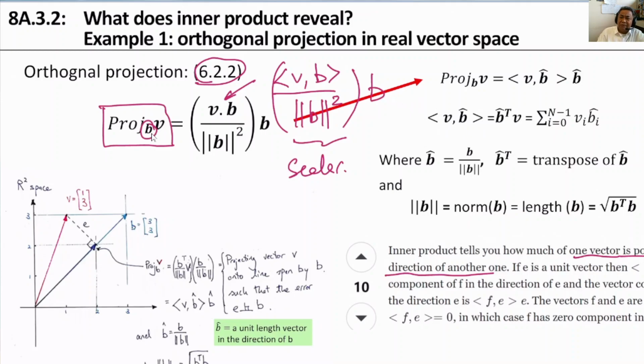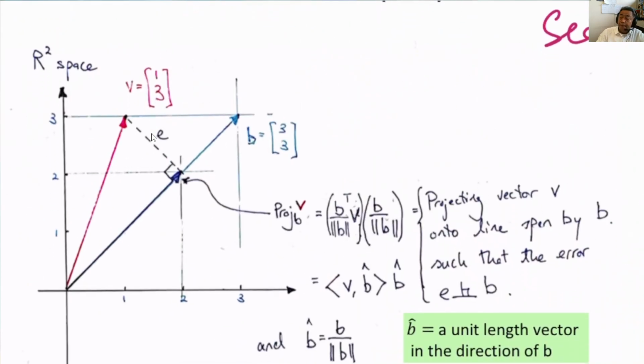What is this graphically? Let this be the vector v, which is red in color, and let this be the vector b, blue in color. For the projection of v onto this line, the best that we can do is to get the error vector that is orthogonal to b, such that it forms a right angle triangle.